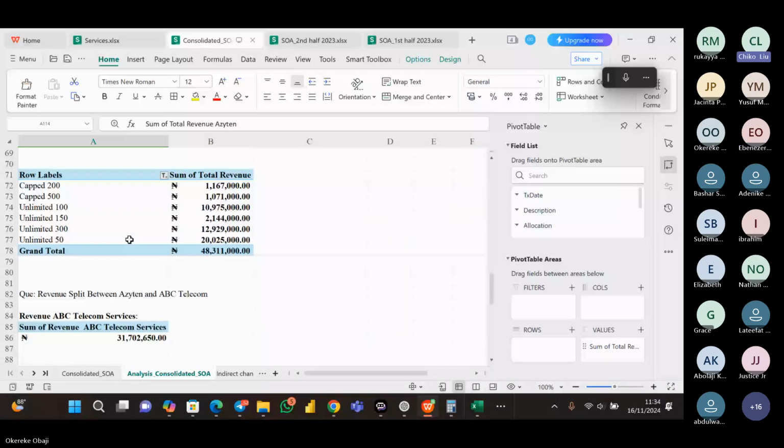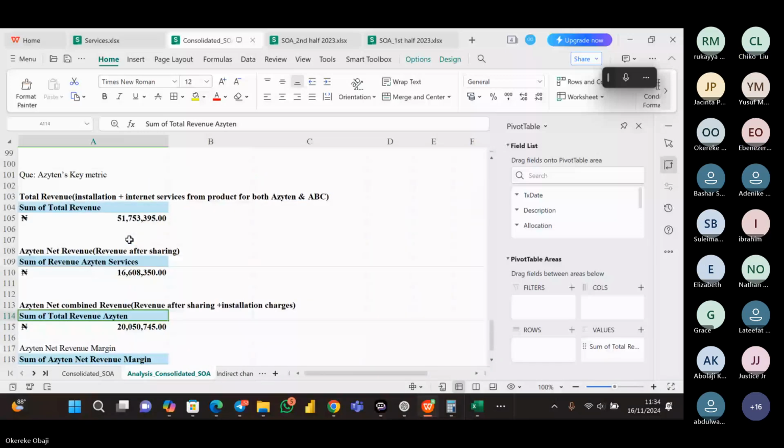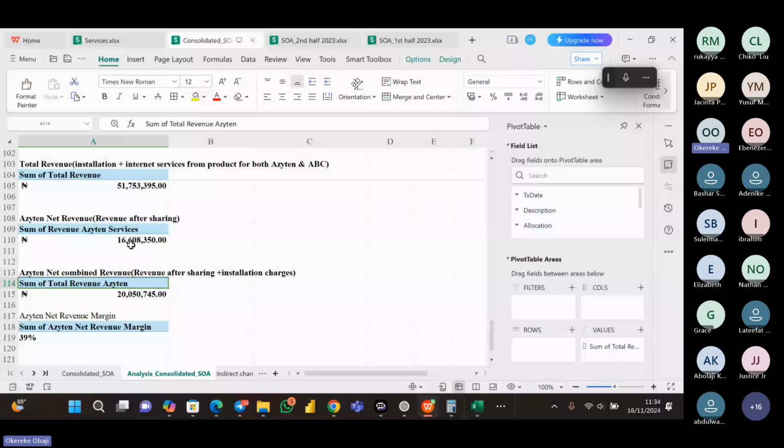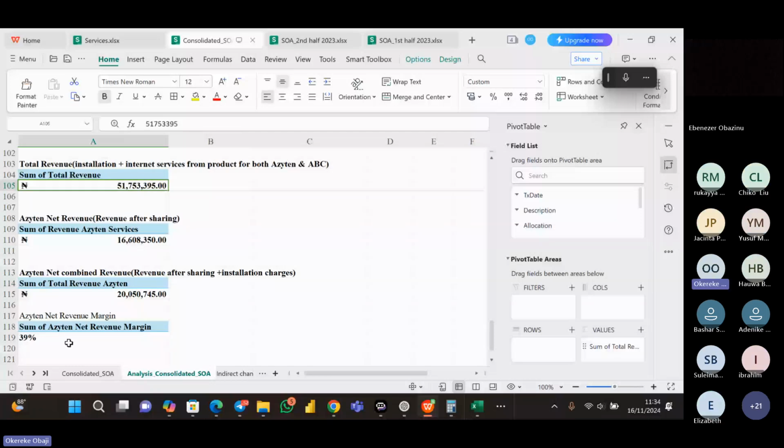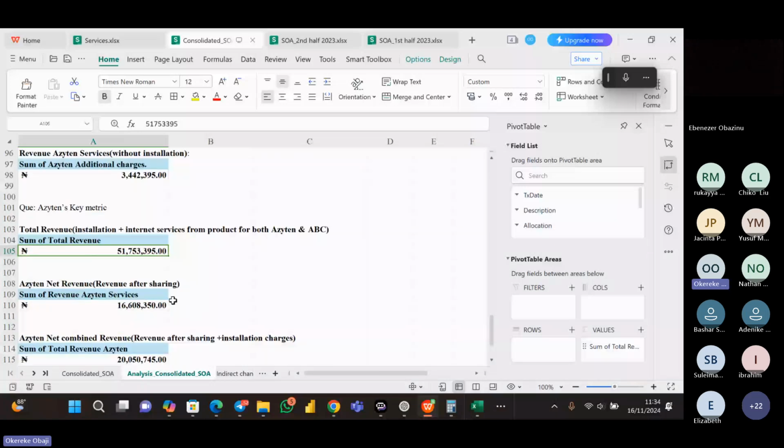So 51 million or 48. Revenue, that's the 51 million. Then plus this one, without sharing, plus this. Yes, this is the grand total: 51 million plus 3.4 million, sir. Okay, that's additional charges. Yes, okay, sir. Good.